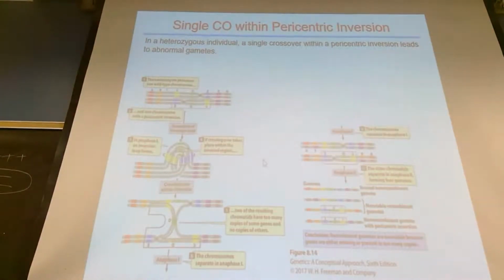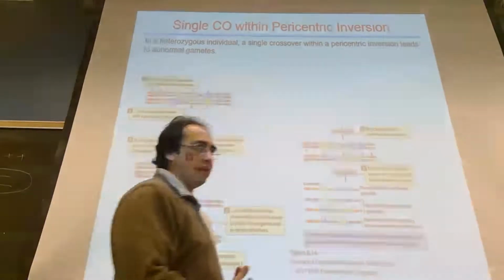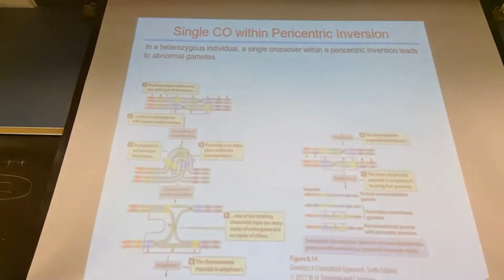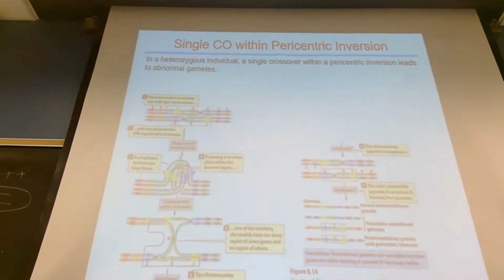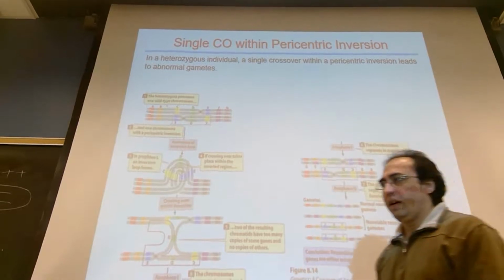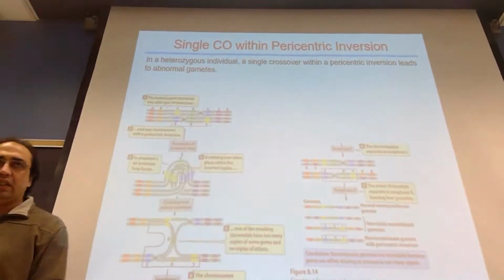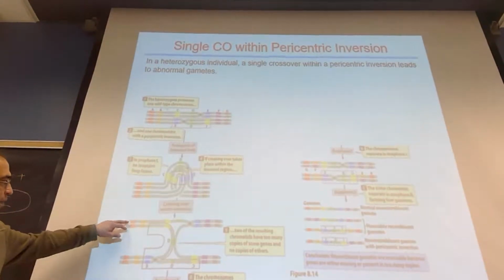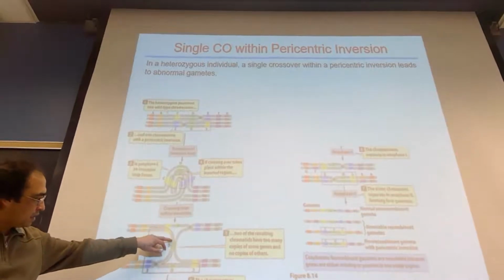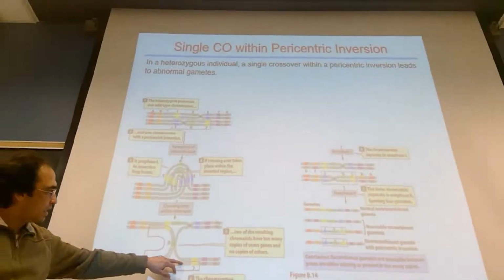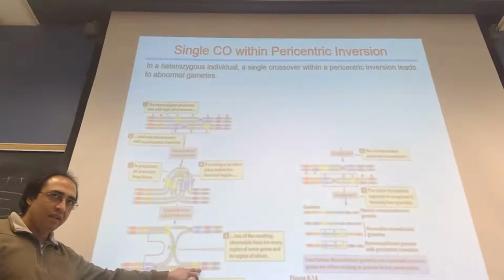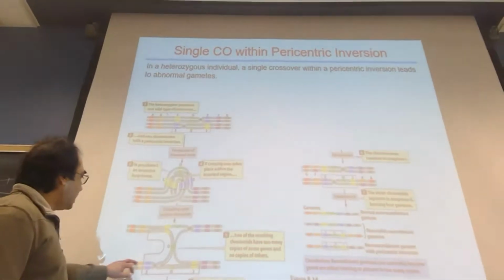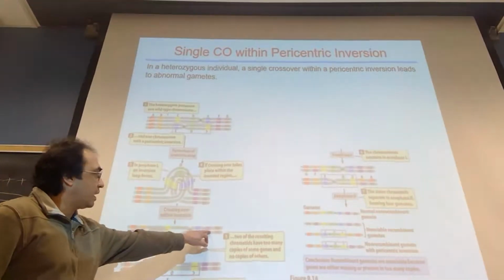What will happen in case of pericentric inversion? The same thing. In pericentric inversion, the centromere part is here. In such case, what is happening here? This part is creating one gamete, and this part is creating another gamete.